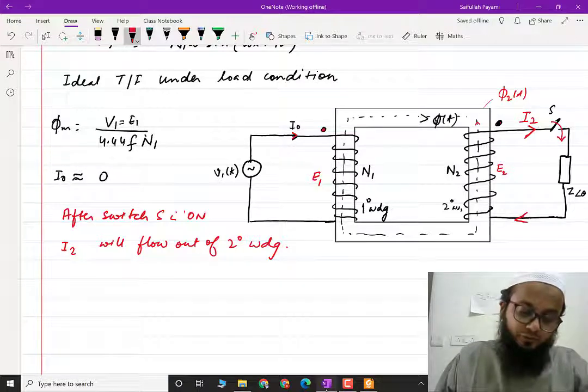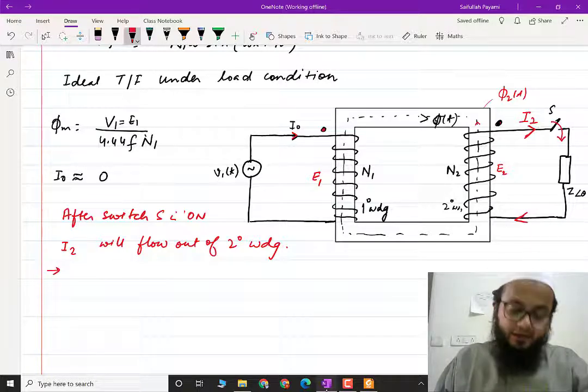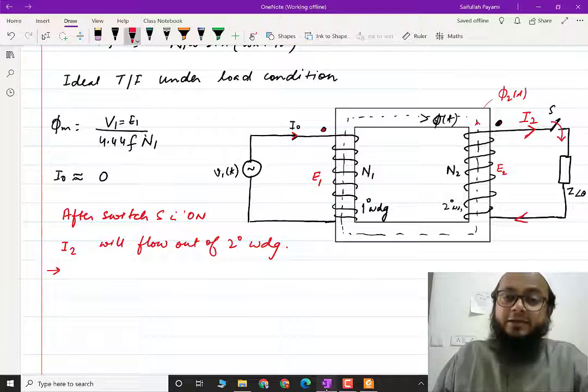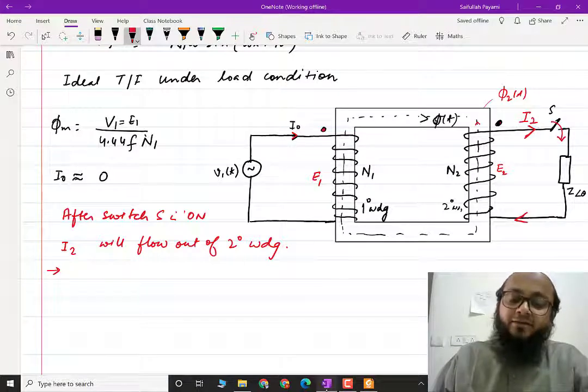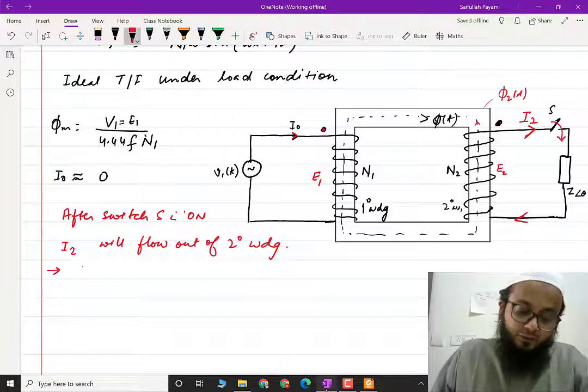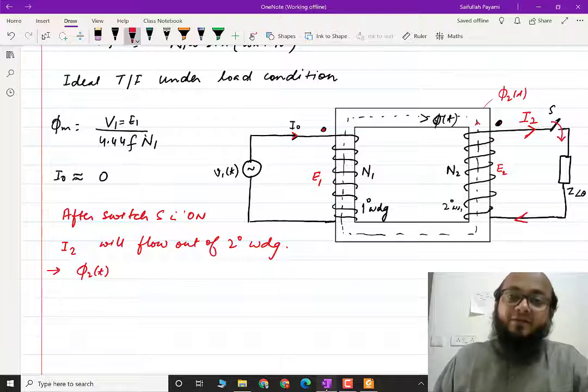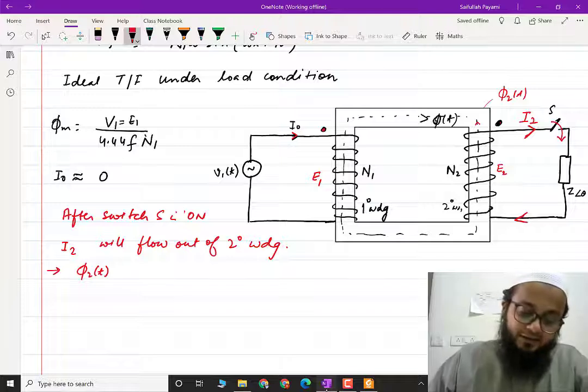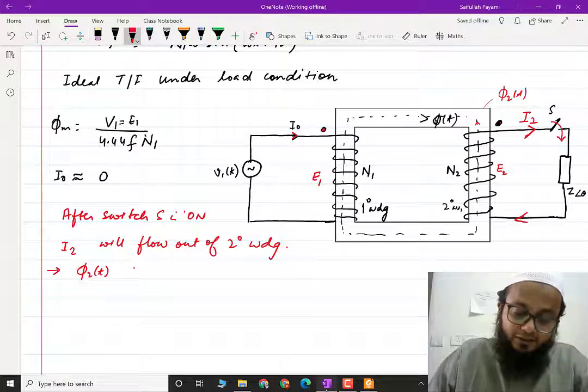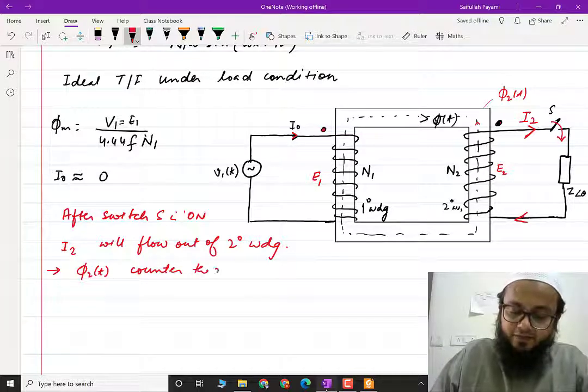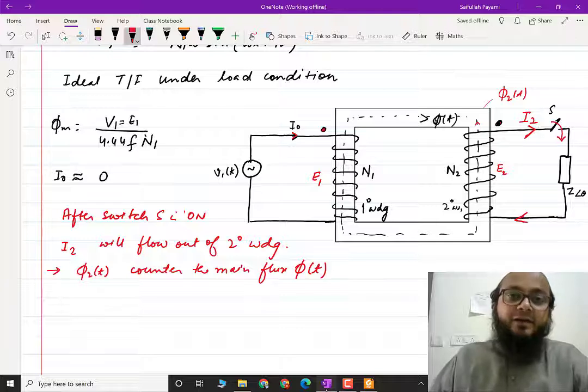I2 will produce a flux, phi 2T, the flux produced by the current I2, and that will try to counter the main flux. So phi 2T opposes the main flux phi T. That means phi T will reduce.